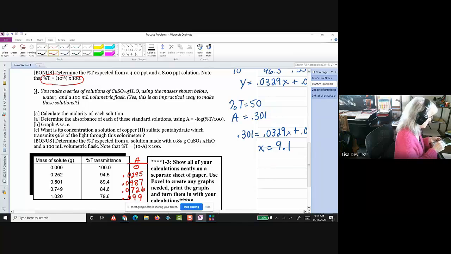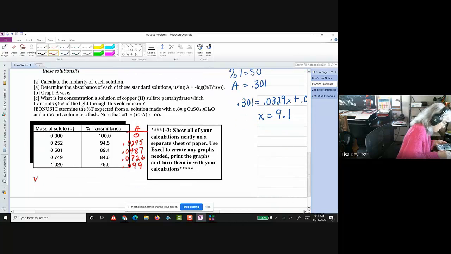Then stat calc, and I'm getting y equals 0.097x plus 3.05 times 10 to the negative 5th.